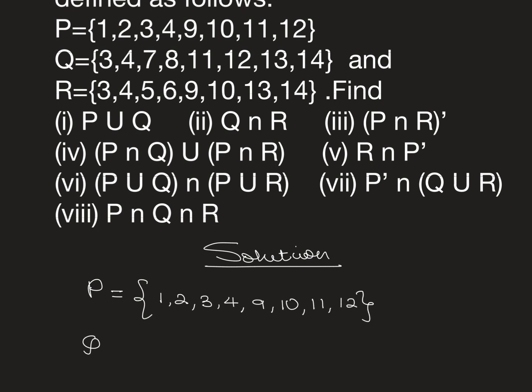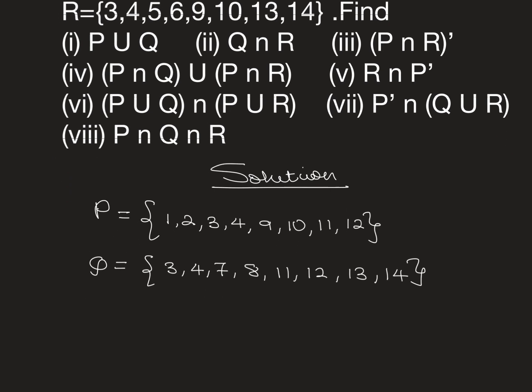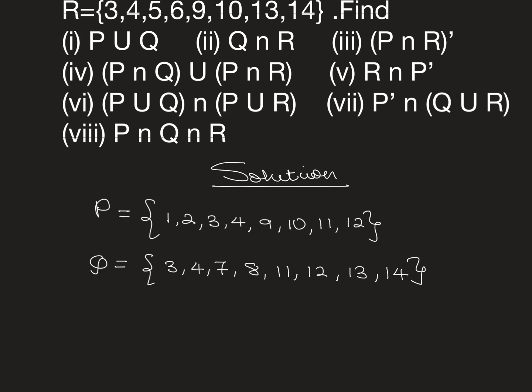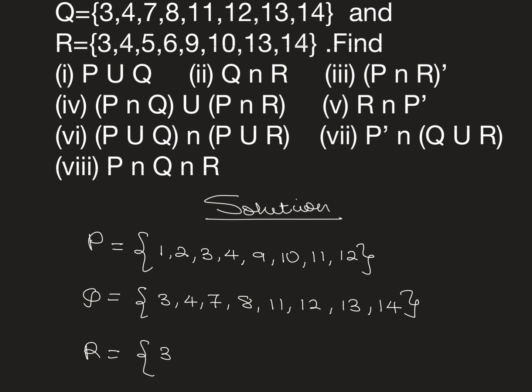Set Q is given as 3, 4, 7, 8, 11, 12, 13, and 14. And set R is given as 3, 4, 5, 6, 9, 10, 13, and 14.